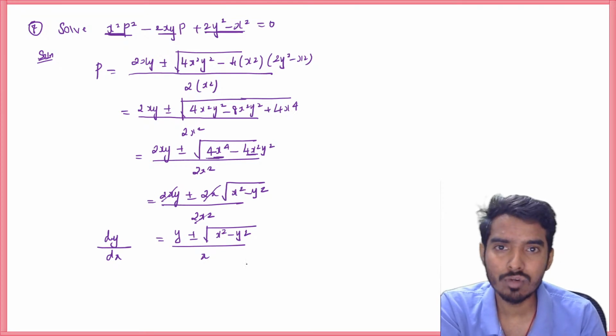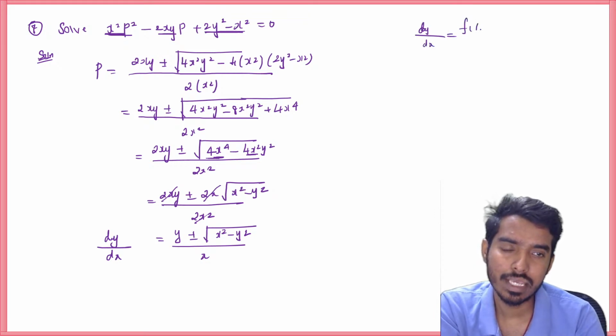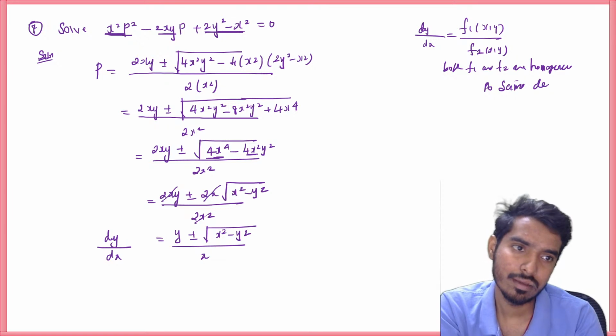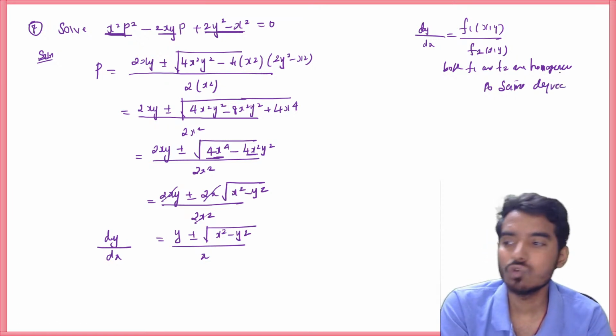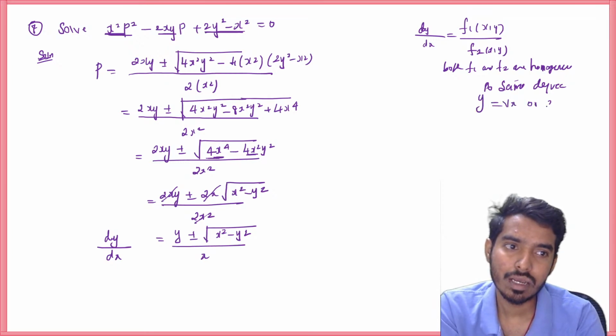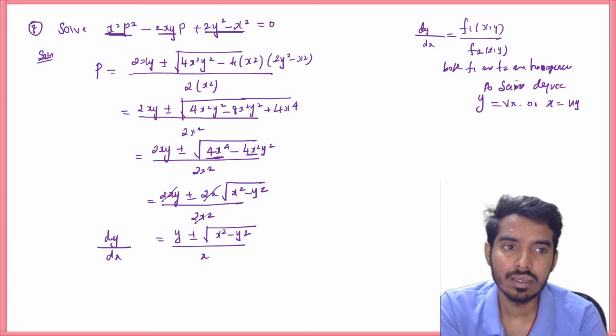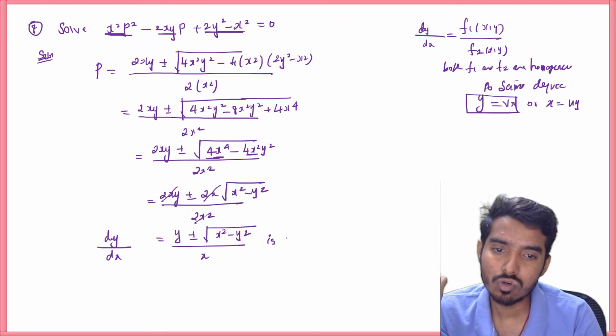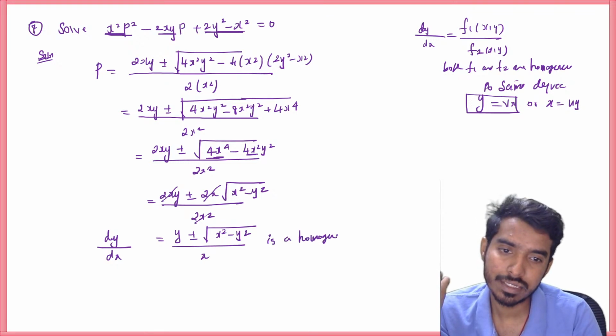Now you can see this is a homogeneous differential equation, right? So we have dy by dx is equal to f1 of x comma y divided by f2 of x comma y. So both f1 and f2 are homogeneous of the same degree, right? Of the same degree means that is a homogeneous differential equation, right? So put y is equal to vx, or you can also put x is equal to uy. You can do anything. We will always use this as the major.